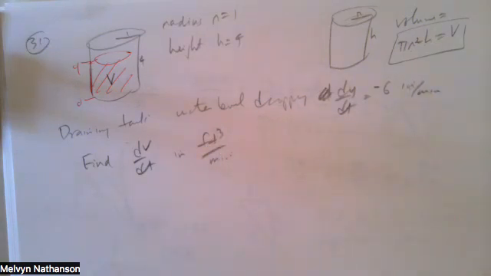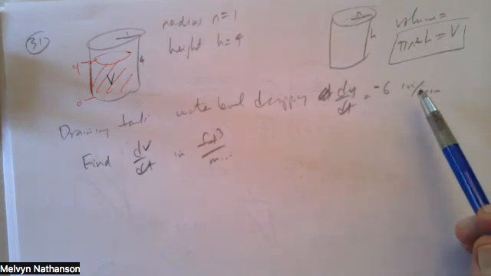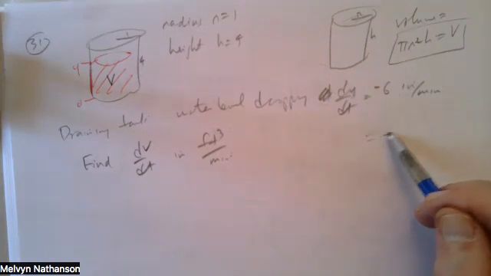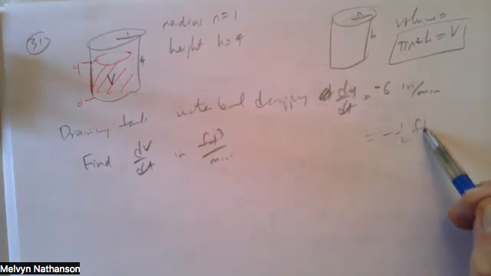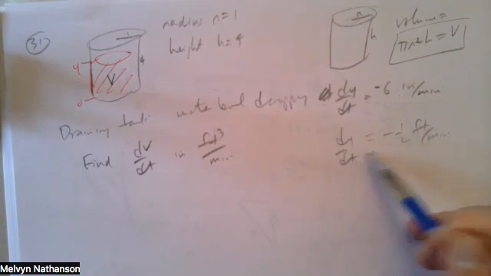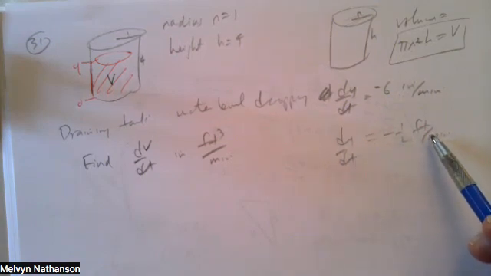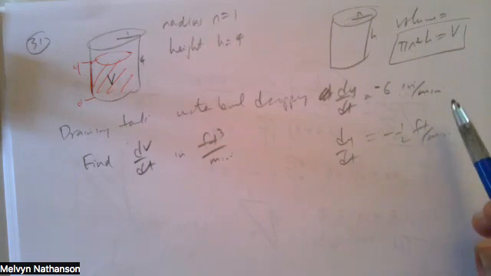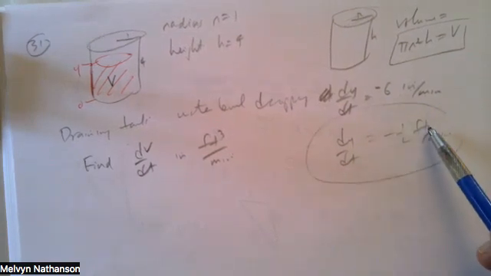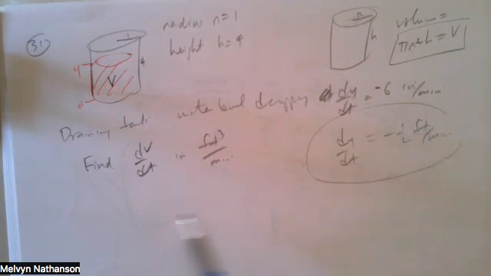We have to make sure we have the same units in both. So 6 inches per minute is the same as a half foot per minute. So in terms of units of feet, square feet, cubic feet, the height of the water level is dropping at a half a foot per minute, and we want to find how fast the volume is decreasing in cubic feet per minute.